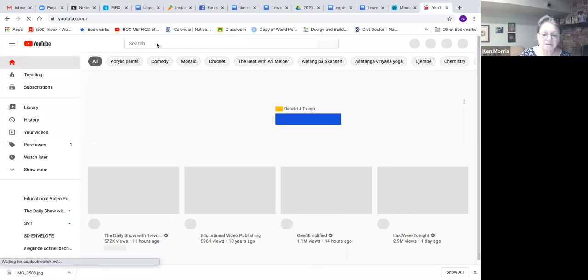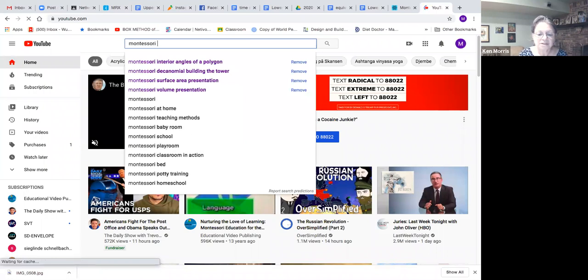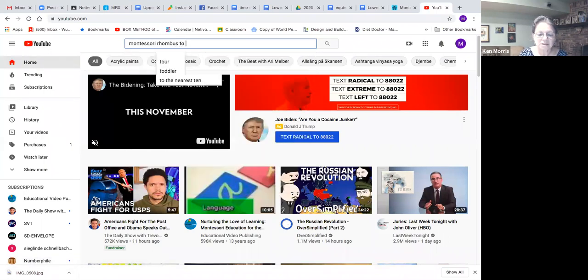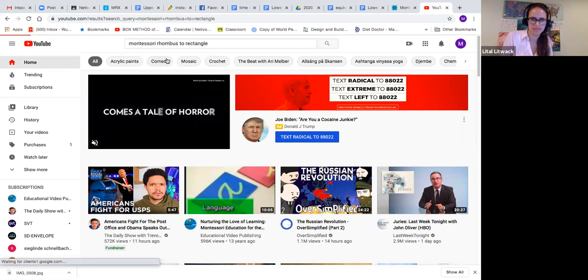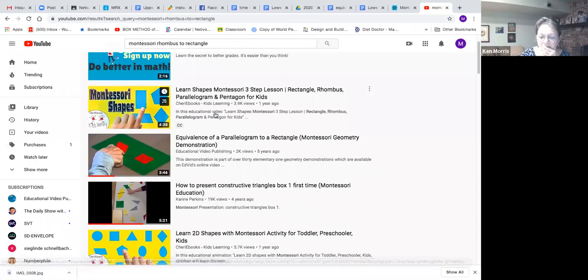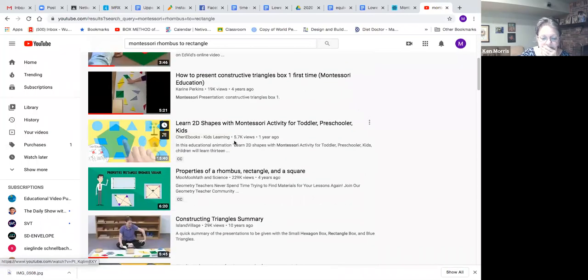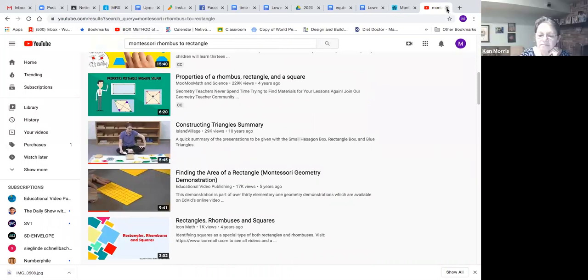Everything is there. Let's say Montessori rhombus to rectangle. Then we have parallelogram. No, it's not here. Okay, so that's fine. Let's go to the next one.